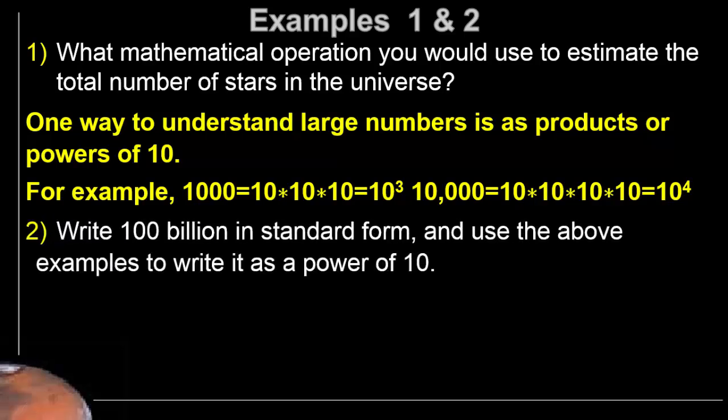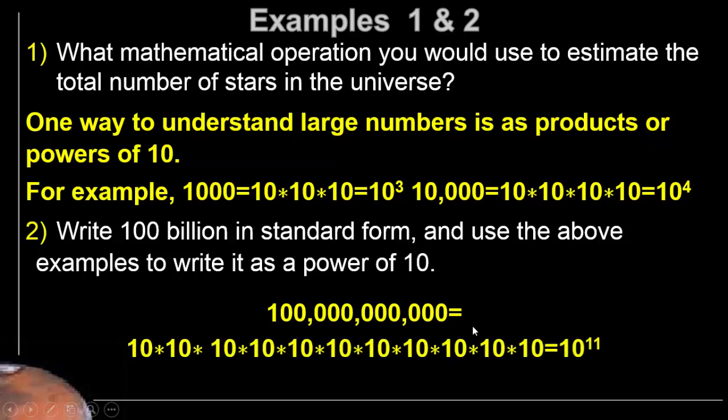In example number 2, we're asked to write 100 billion in standard notation and use the above examples to write it as a power of 10. So here we have 100 billion. We have to know how many zeros billion would represent. 100 billion means it would be 100 with 9 zeros after it.